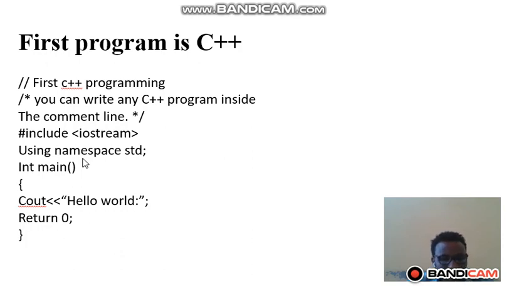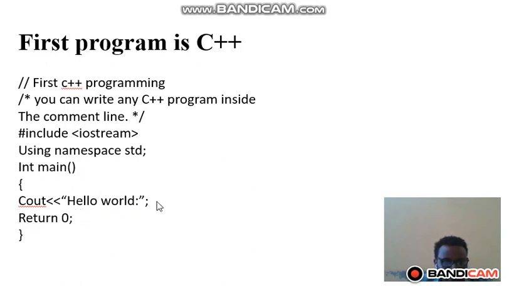When you say using namespace std, this refers to the standard libraries. And int main is a function. When the compiler executes the program, it starts from the main function. Cout means console output. The meaning of this statement is please display the string hello world on the computer screen.